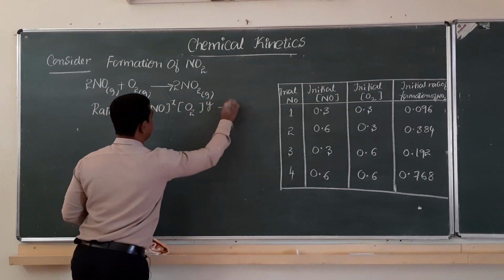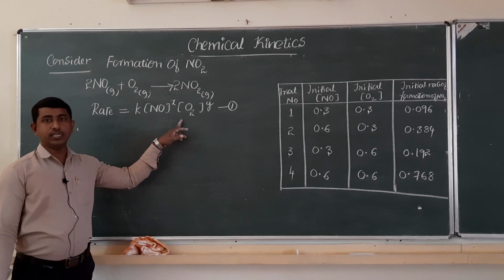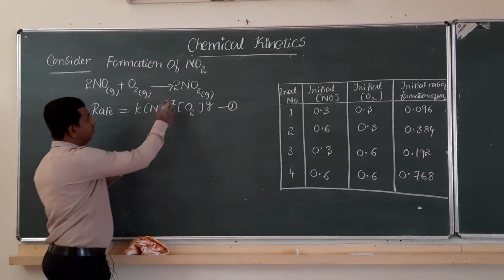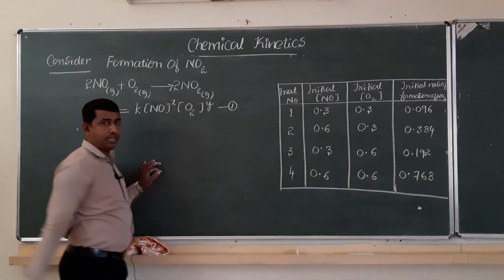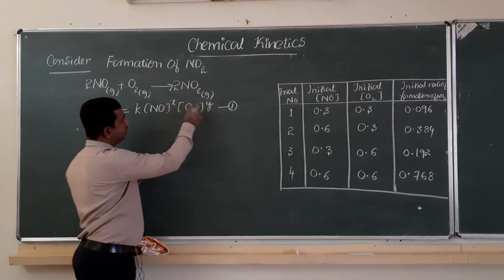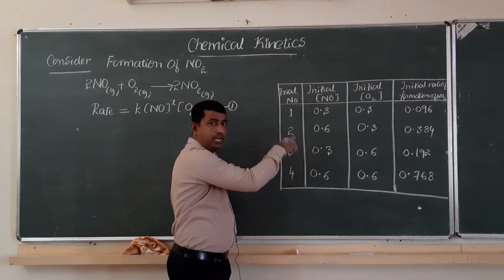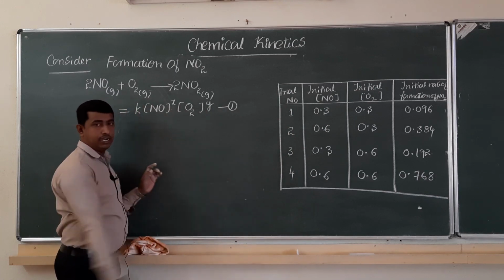I will name it as equation 1. We don't know the values of x and y. What are x and y? They are exponents. Values of the exponents are always obtained from the experimental data. It cannot be obtained from the theoretical data.